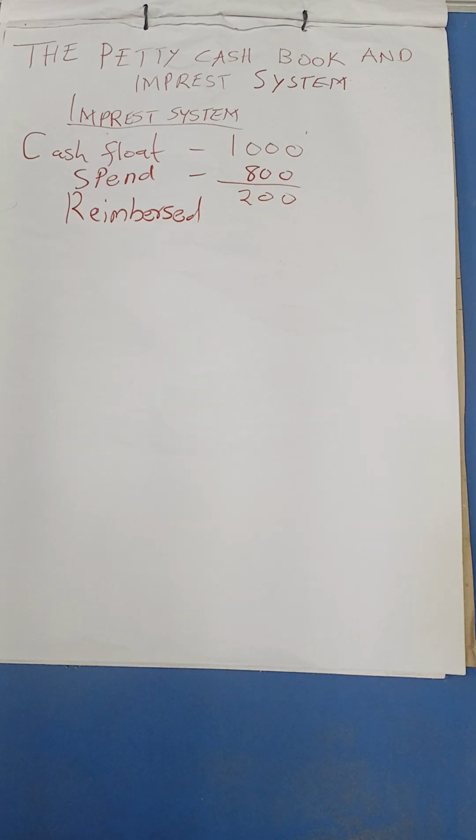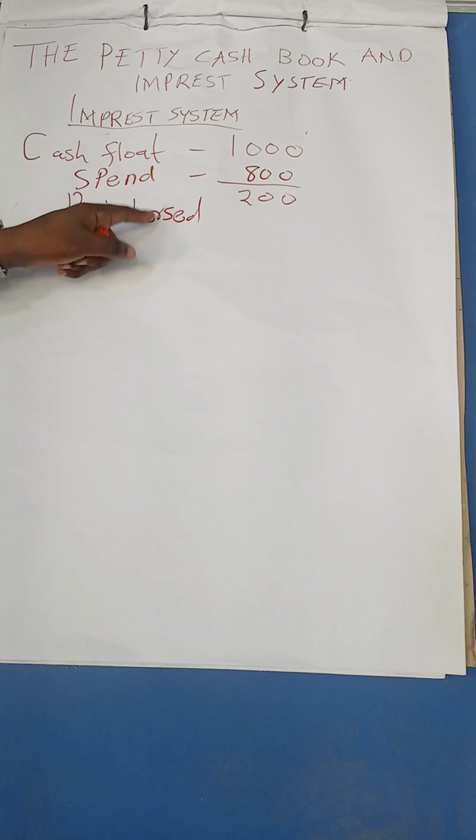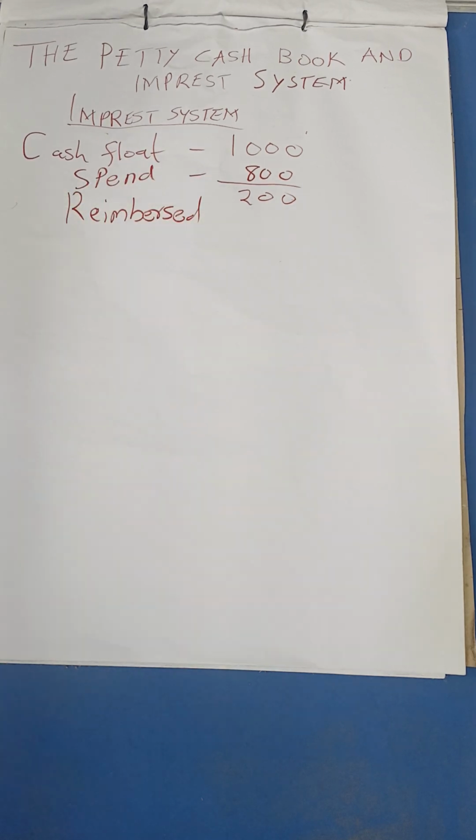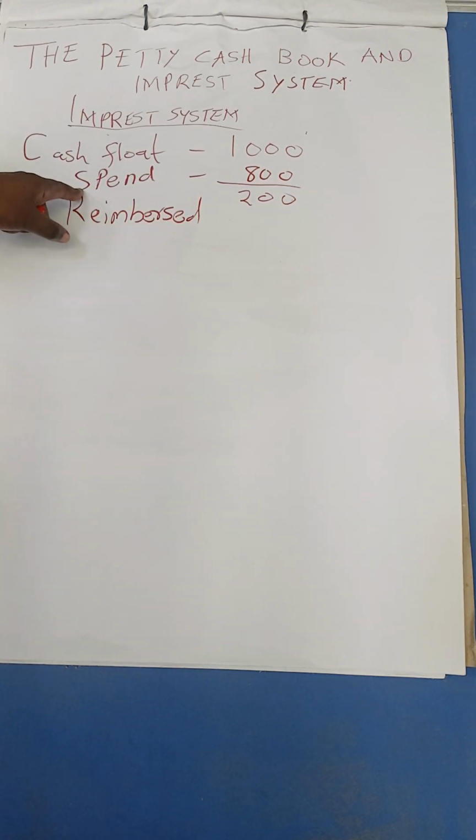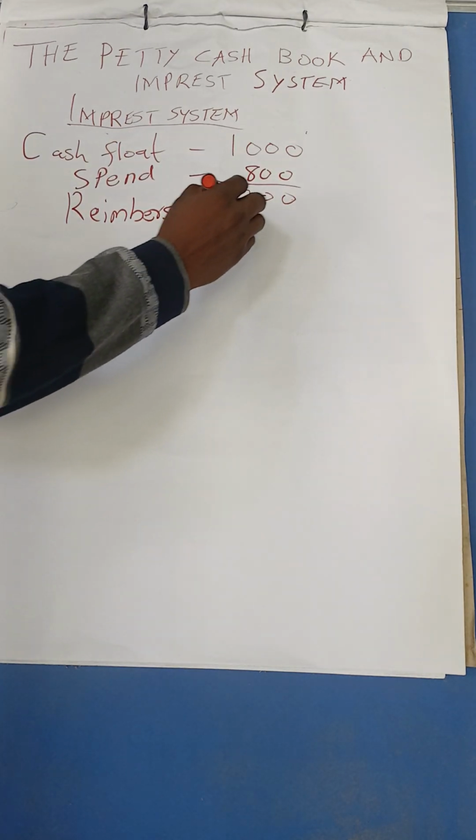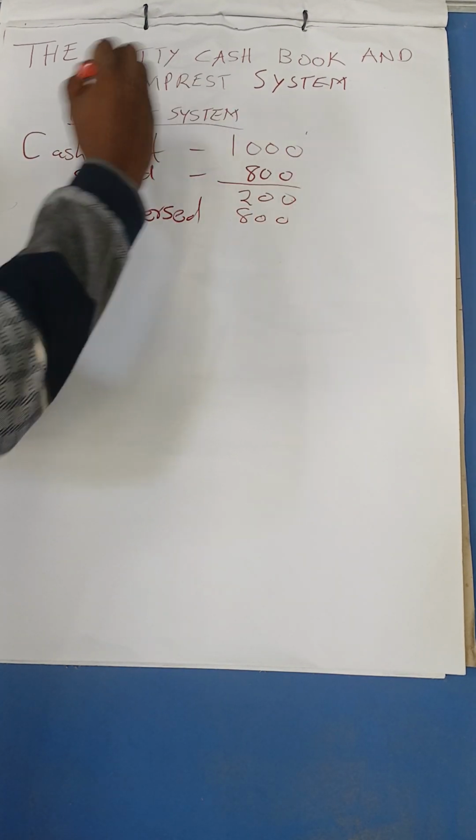So, under reimbursement, I want you to pay attention here. Under reimbursement, you will never be reimbursed an amount that you have not spent. So in our example here, the petty cashier will be reimbursed with the spend of 800.